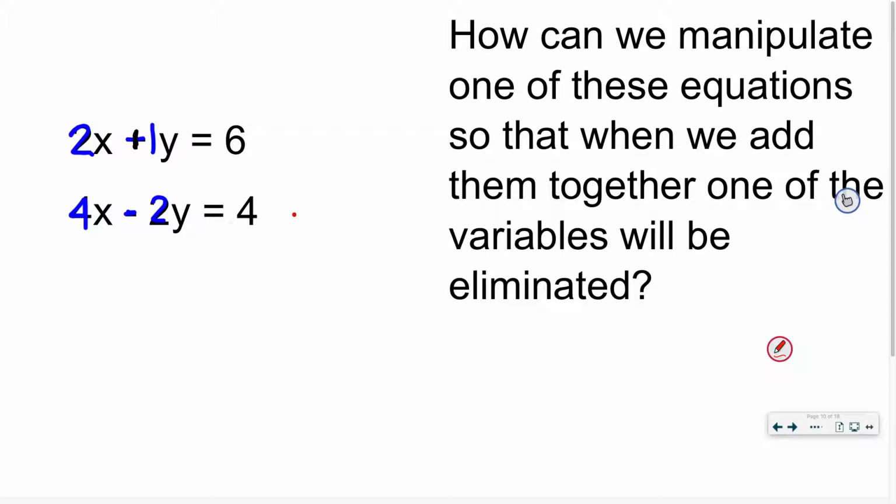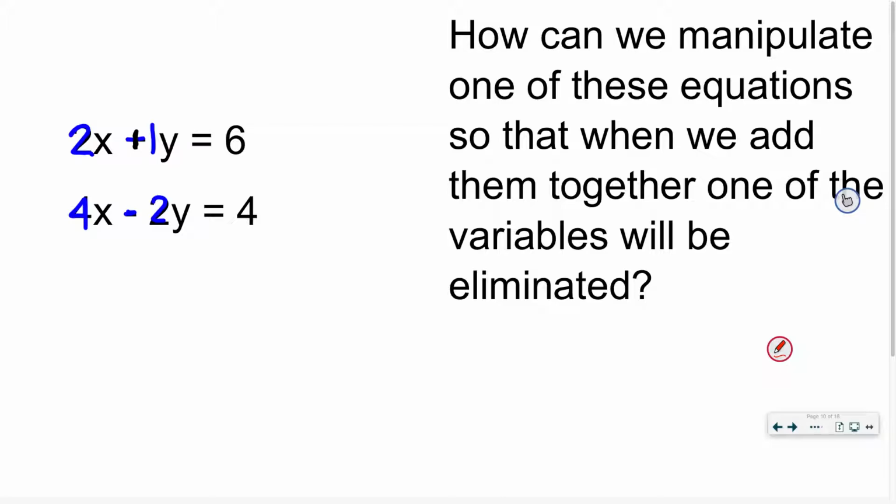No. So can I do something to one of these equations to make sure that one of the variables does eliminate? What kind of numbers do I need in order for them to eliminate? Specifically what though? There's a specific type of number that when I add it together, it'll give me 0.